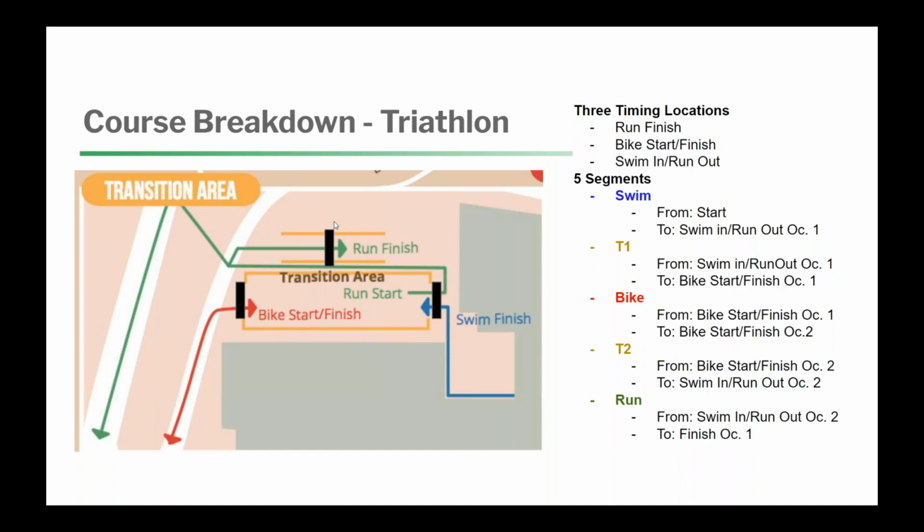And that is how, on average, a lot of triathlons are set up. These in-outs could be different. I've had a situation where the transition area is back in a corner and they only had one mat. There was no separate entrance and exit. So everybody came in and out for all disciplines right there.